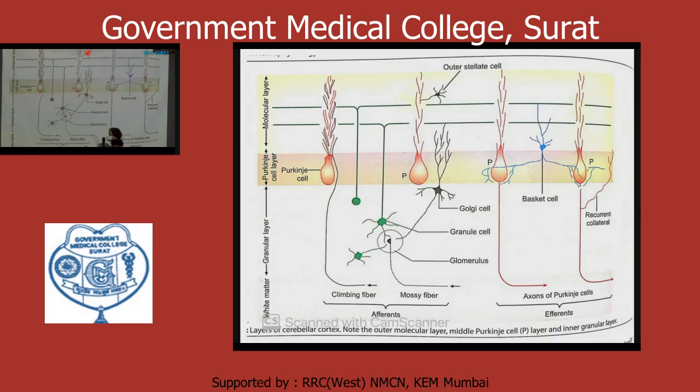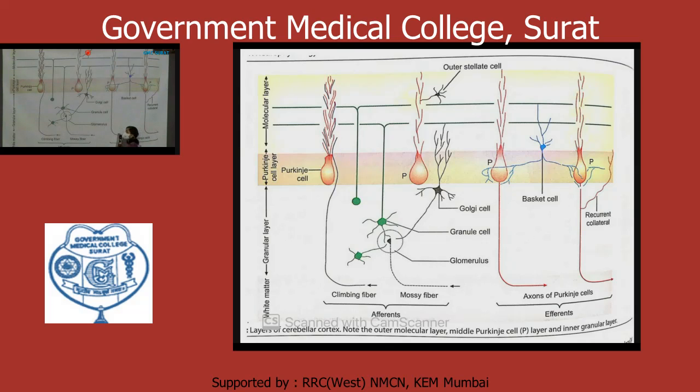Now, the function of the stellate and the basket cells is to cause lateral inhibition. As I told you, stellate cells and basket cells are inhibitory interneurons present in the molecular layer.